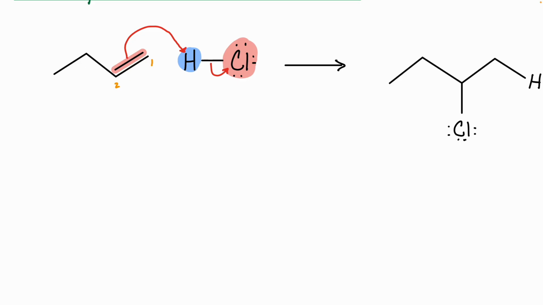I'm going to call these carbon 1 and 2 here, so that we can make a point. We're now going to draw our intermediate for this reaction. First of all, we have that chloride ion. That's that bond breaking arrow. So that bonding pair of electrons got turned into a lone pair on that chloride ion.